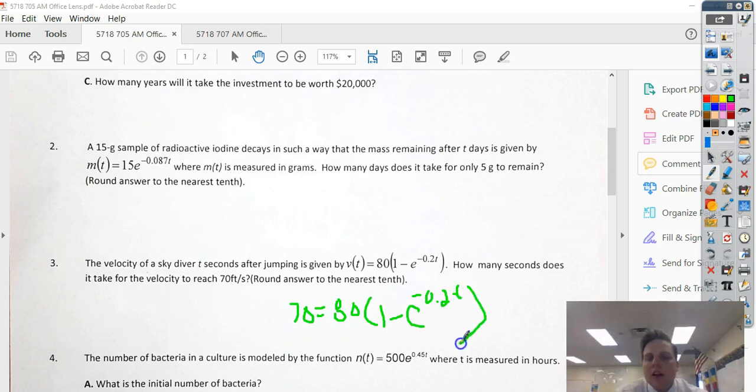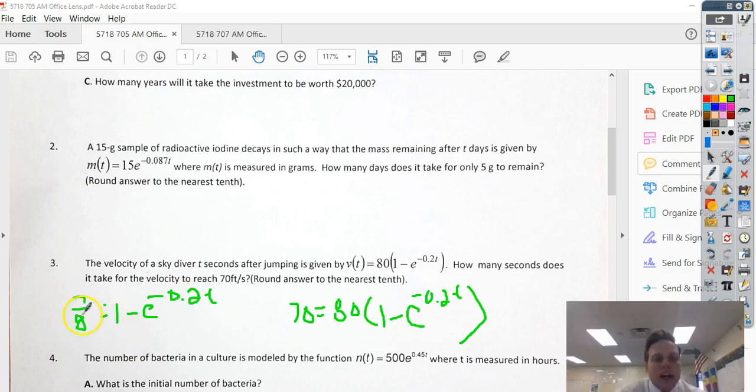Okay, so guys, look, you still have to get the base by itself first. This 80 is multiplying everything. So step 1, divide everything by 80. We're going to get 7/8 is equal to 1 minus e raised to the negative 0.2t. Okay, so we actually still have 2 more steps before we can change forms.